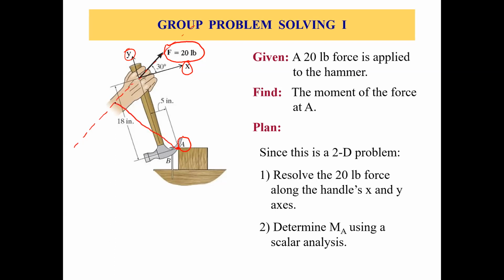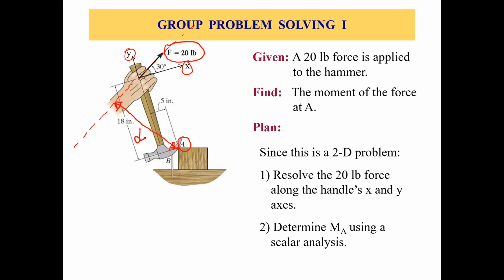This is the perpendicular distance, let's say distance d, that's what we call in the theory: the perpendicular distance, or the moment arm, of force F with respect to point A. Do we have the distance d given? No. So if you don't have distance d, you might have the distances for Fx and Fy.